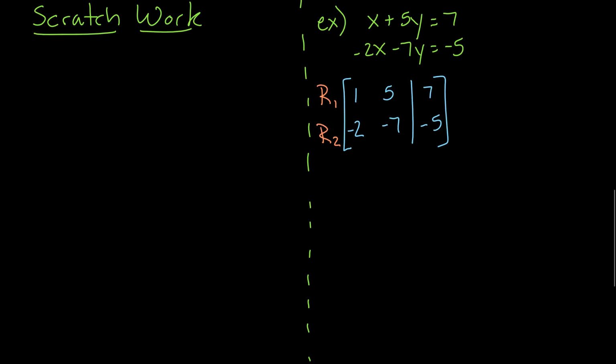So just like we did in elimination, remember how we multiplied the first equation by a number that would make that first number cancel with the second? Same thing here. We're going to multiply row 1 times 2 and add it to row 2. So this is how I'm going to write it. I'm going to write row 2 plus 2 times row 1.